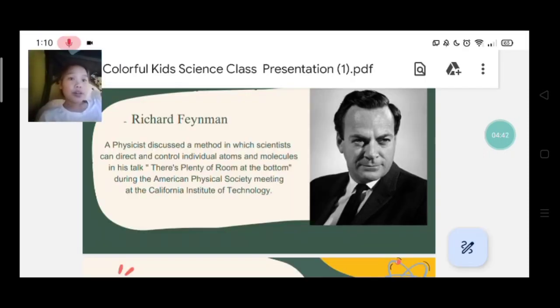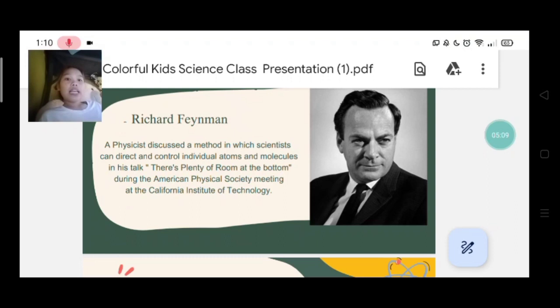The concept of nanotechnology and nanoscience started on December 29, 1959, when the physicist Richard Feynman discussed a method in which scientists can direct and control individual atoms and molecules.